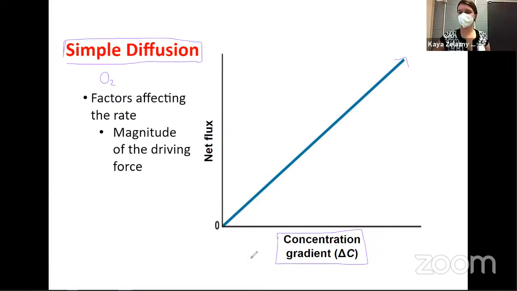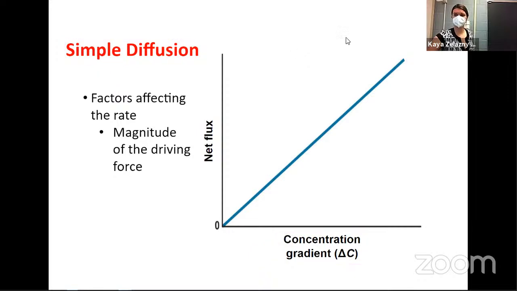So all we have to think about is our chemical driving force, which is our concentration gradient. So that's why there's no electrical driving force on this diagram, because there's no electrical driving force on a molecule that can cross the membrane by simple diffusion.